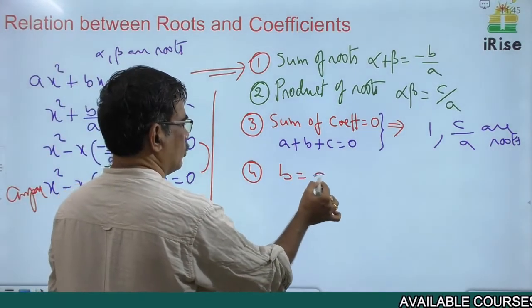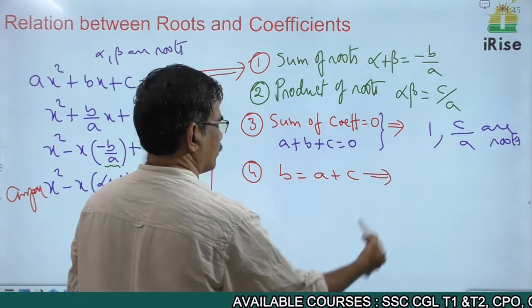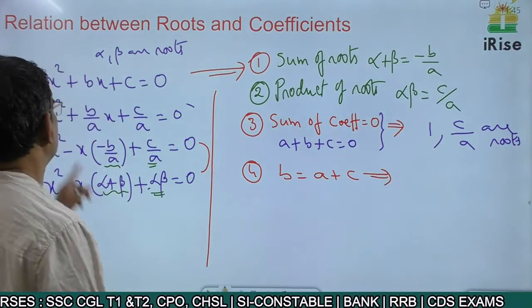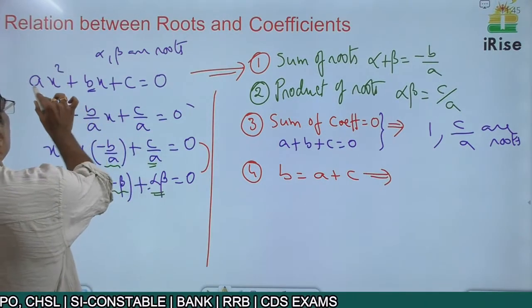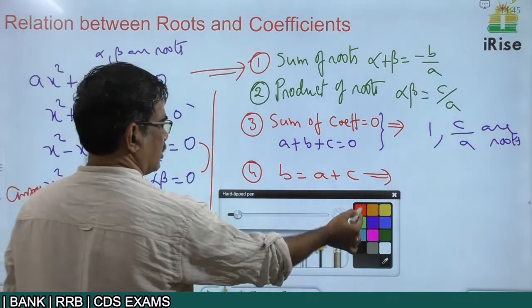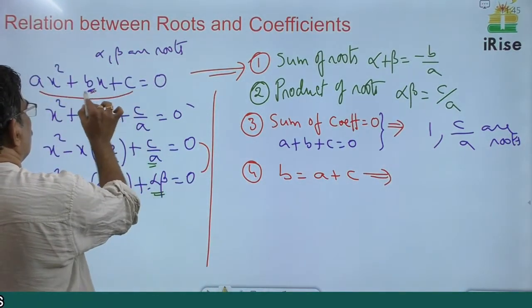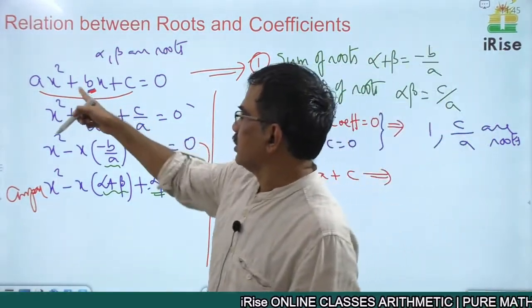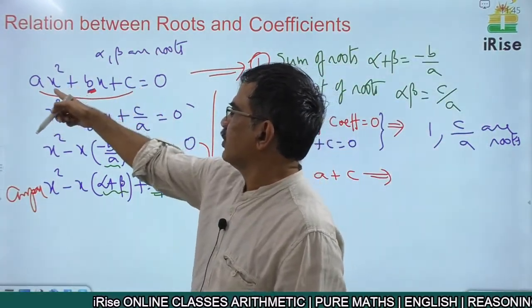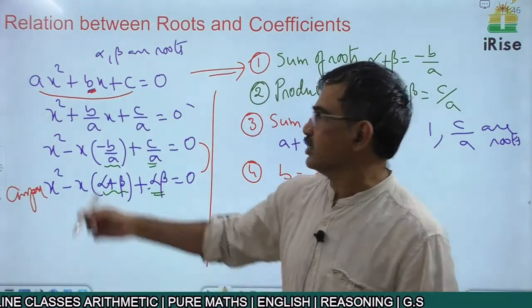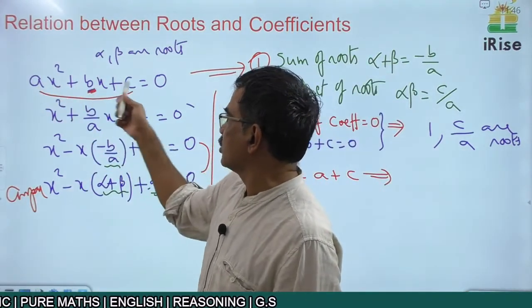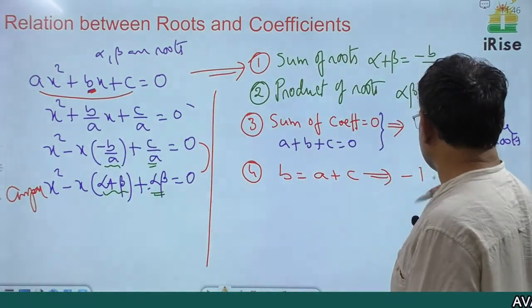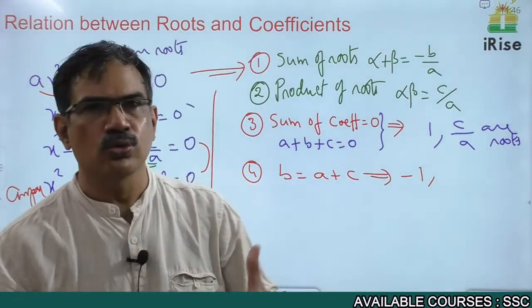If the b is equal to a plus c condition is satisfied, what is the meaning of this? In this equation, b is equal to a plus c. The sum of these two is equal to b. When is it possible? Here b is equal to a plus c is possible if and only if x is equal to minus 1. If we put x is equal to minus 1, this is plus a, this is minus b plus c. So b is equal to a plus c. So if the b is equal to a plus c condition is satisfied, then minus 1 is a root.